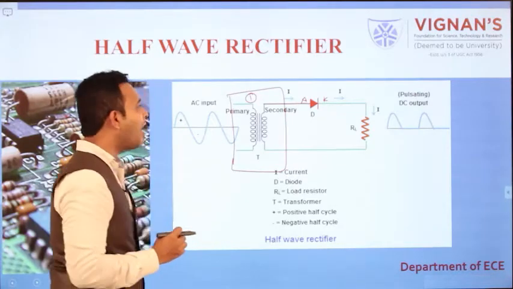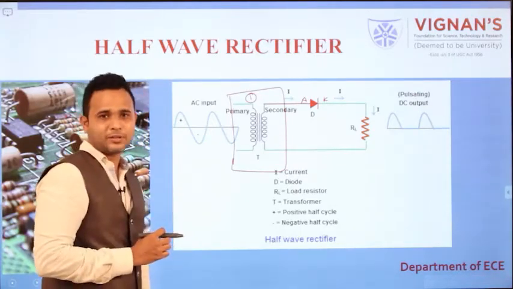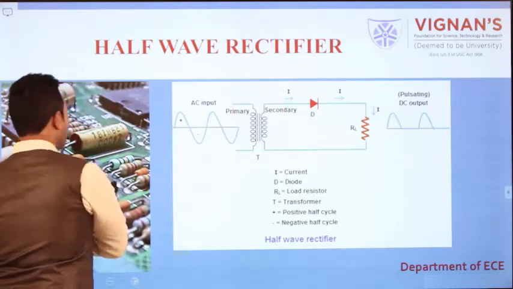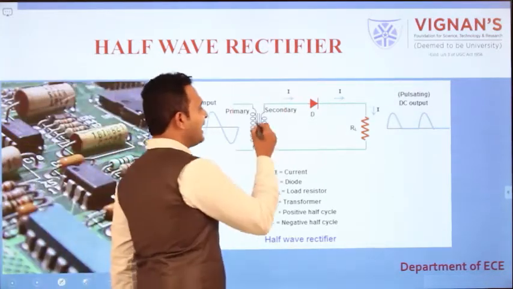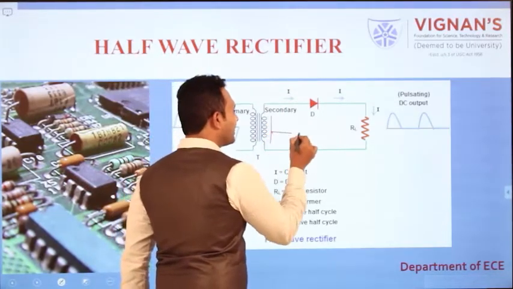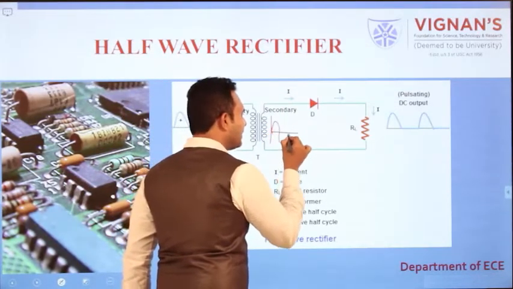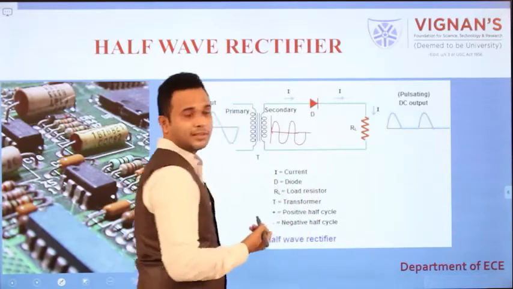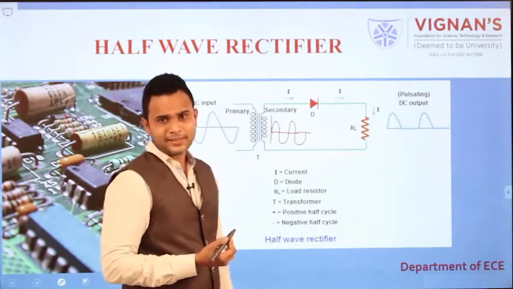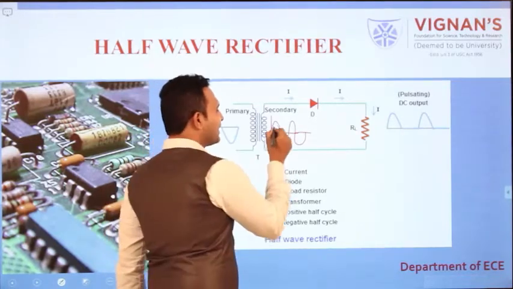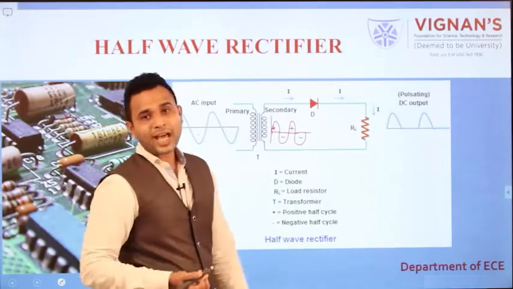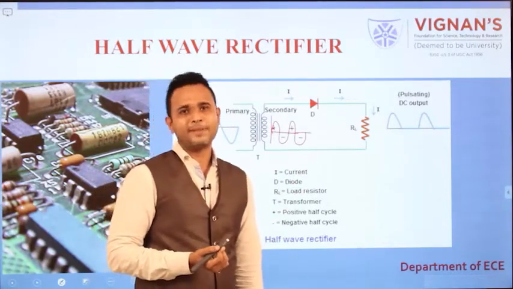Then how does the half wave rectifier work? I will explain with the help of waveforms. At the secondary side also we are getting only an AC signal. AC means alternating current, consisting of positive peaks and negative peaks. What happens with the positive peak and what happens with the negative peak?